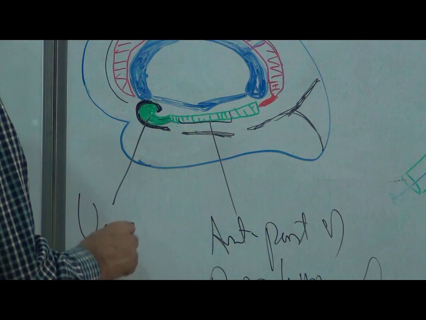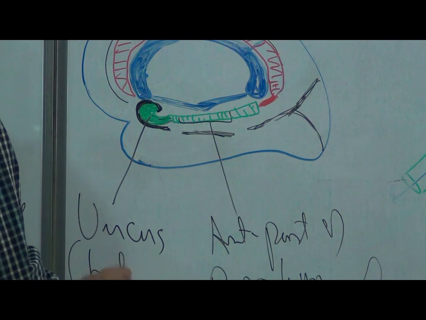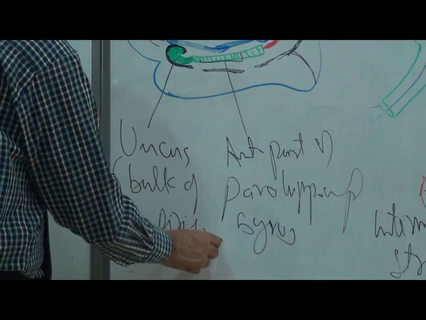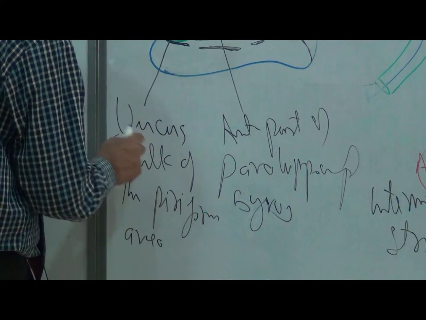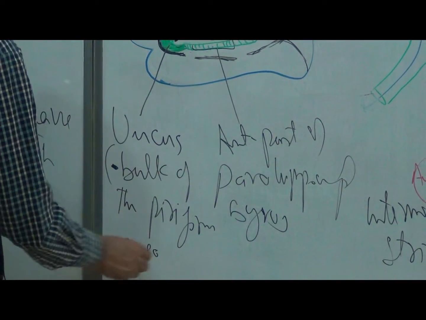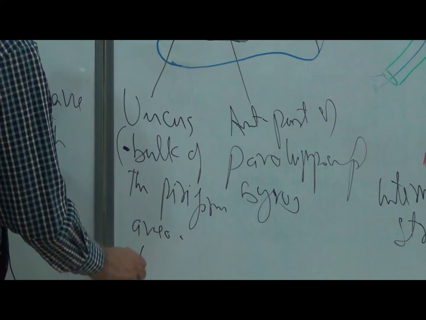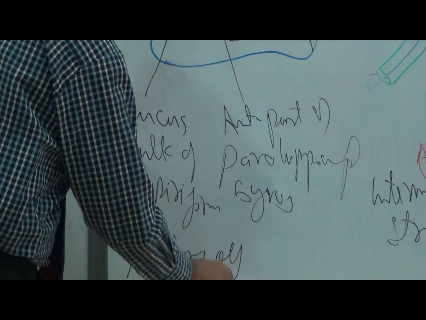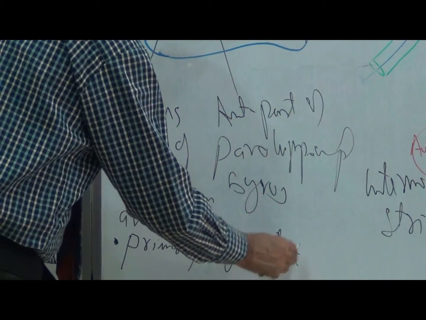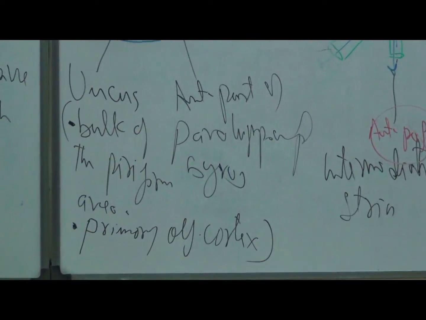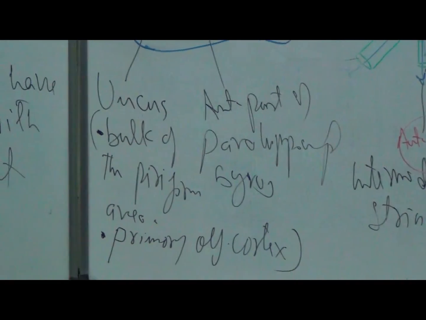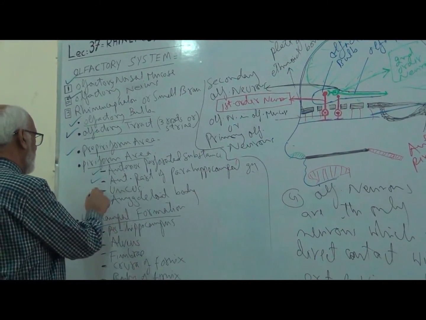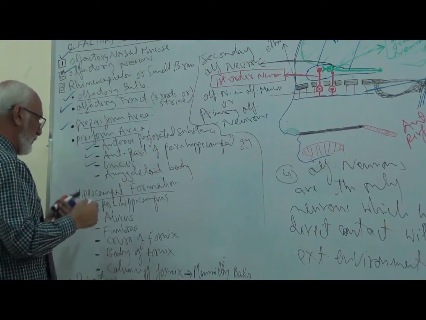This is the uncus, and it forms the bulk of the piriform area. It also acts as the primary olfactory cortex. So the anterior perforated substance, the anterior part of the parahippocampal gyrus, and the uncus are parts of the piriform area.